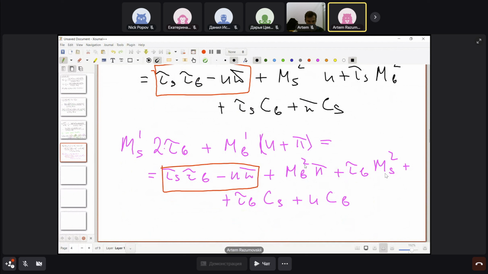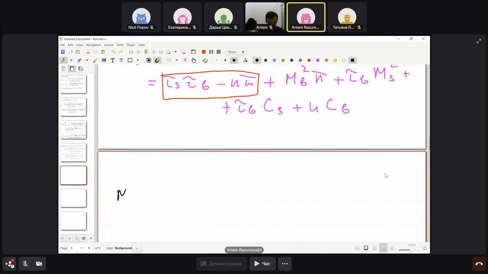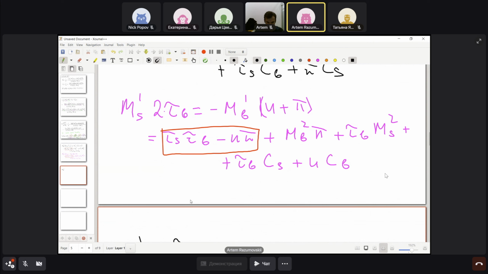Well, okay, let's do the hard way. So let's put here minus and put it into this equation. So time buyers 1 multiplied by 2 tau sellers, then, right?